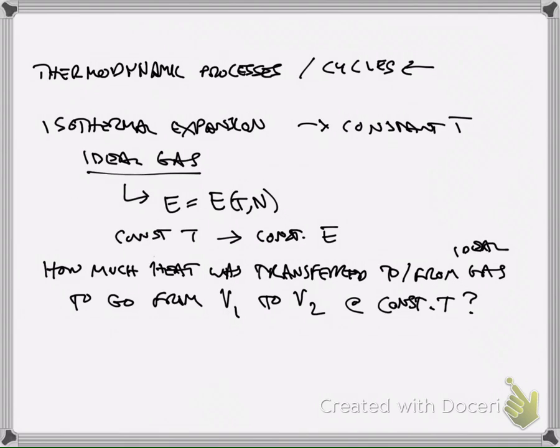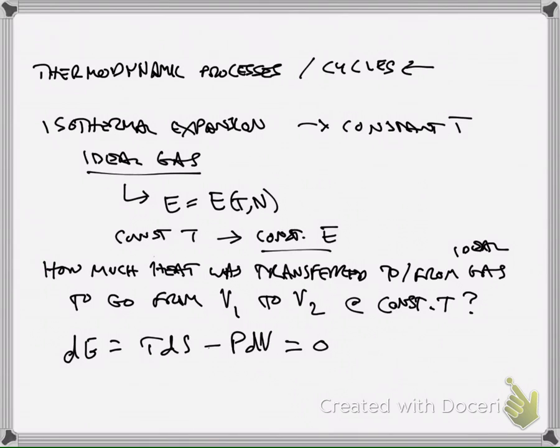Okay, so dE equals TdS minus PdV. We know that. That's our first law of thermodynamics. And again, we're suppressing the particle number piece. And we know this has to equal 0 because we just said there's constant energy, right?